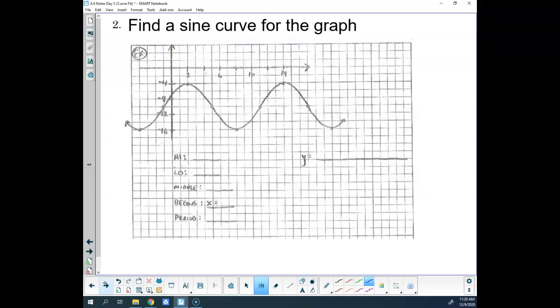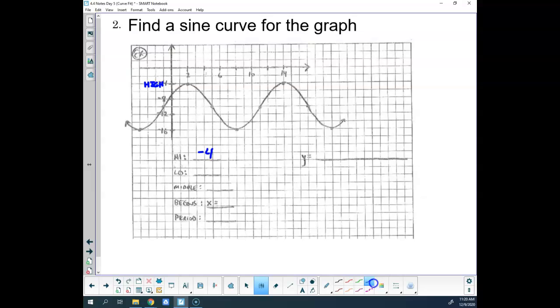What is the high value, the maximum value of our function? -4. Yep, -4. So up here, this is the high.